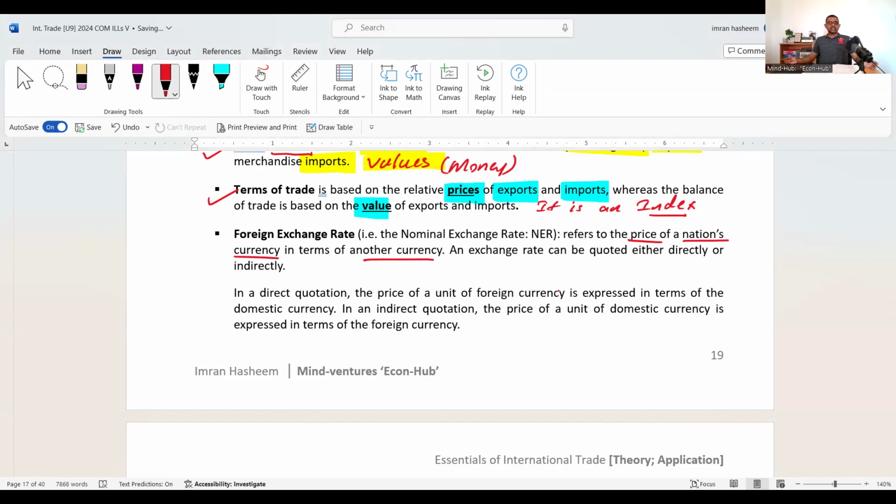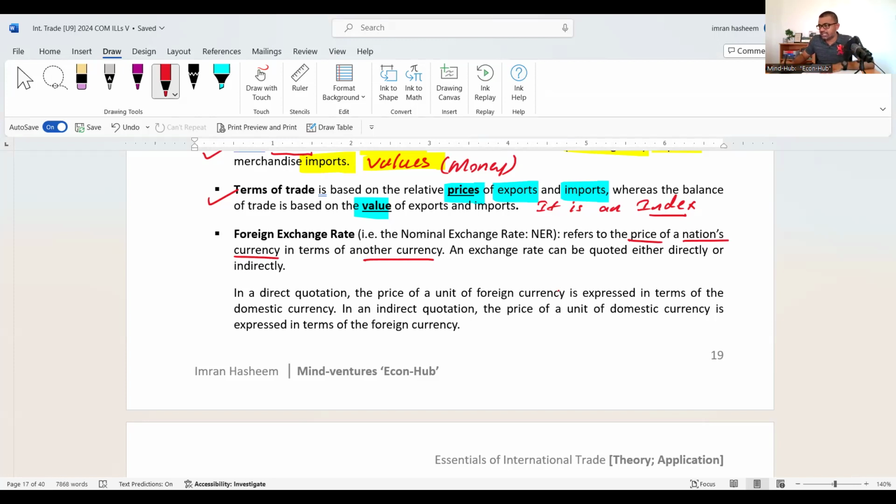The value of the Sri Lankan rupee in terms of the US dollar, we call the bilateral nominal exchange rate between the rupee and the dollar. The price of the Sri Lankan rupee in sterling pounds is the bilateral nominal exchange rate between the rupee and the sterling. Likewise, the exchange rate is the price of the domestic currency in terms of a foreign currency.